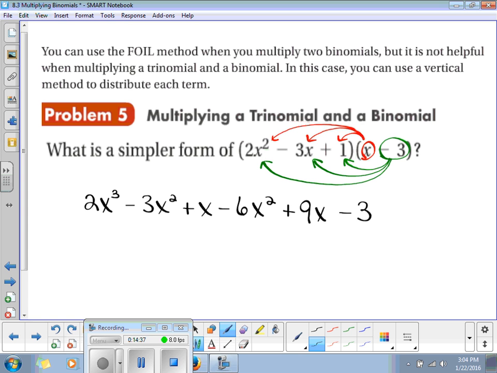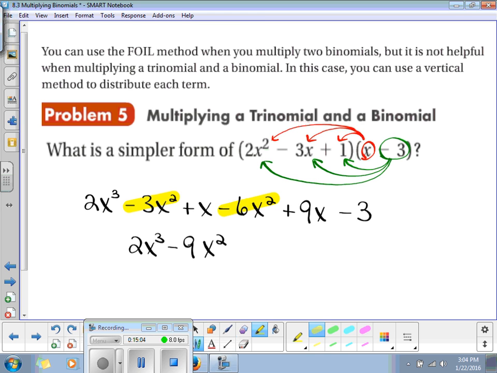And now, if you can, you will combine like terms. There's no x to the third, so we're just going to bring that down: 2x cubed. We have some x squared terms. There's a negative 3x squared and a negative 6x squared. So that's going to give me a negative 9x squared.